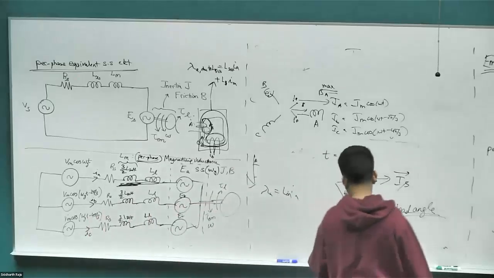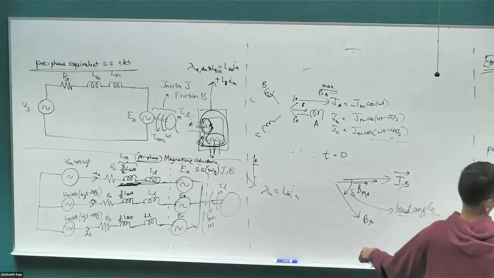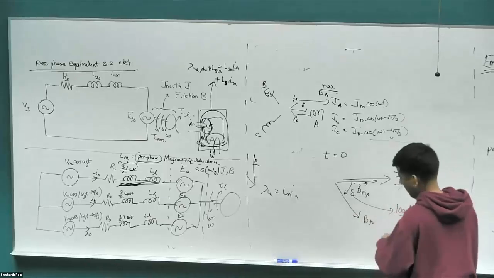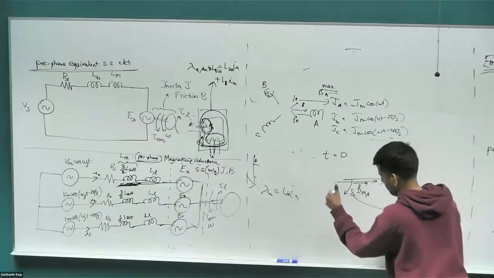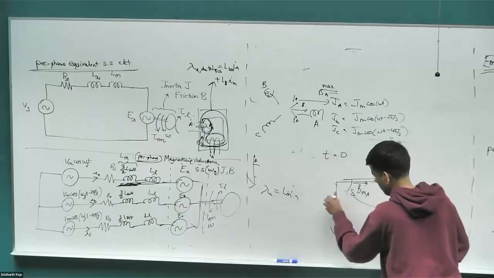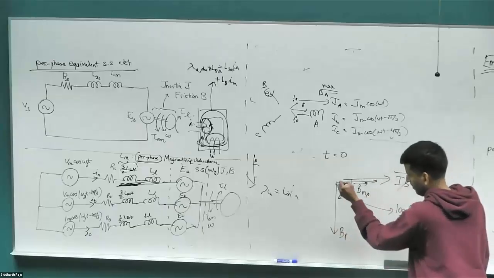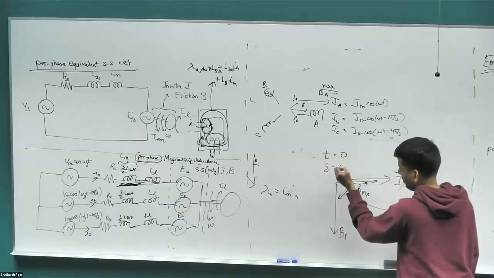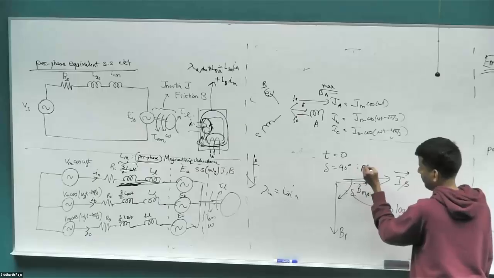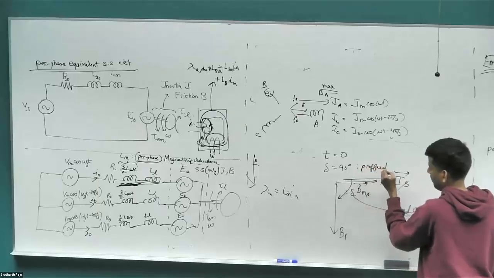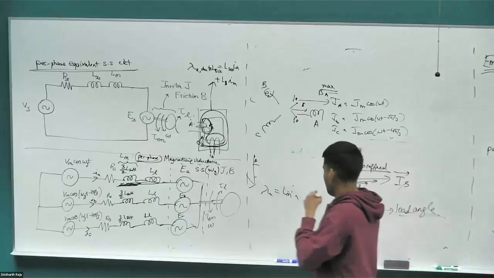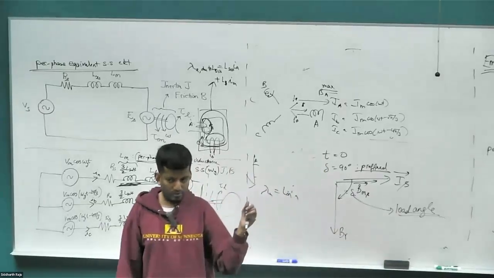So if I were to have delta at 90 degrees, coming from the negative pi by 2 term there, this is the preferred orientation, delta equal to 90, preferred. Why is it preferred?